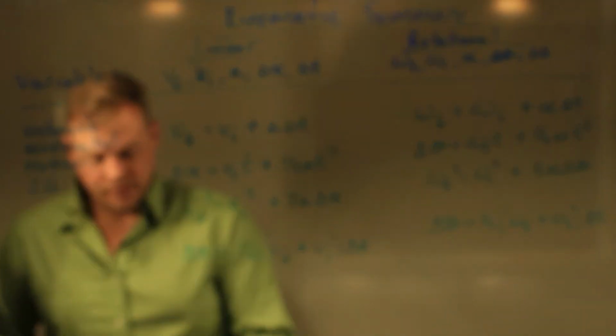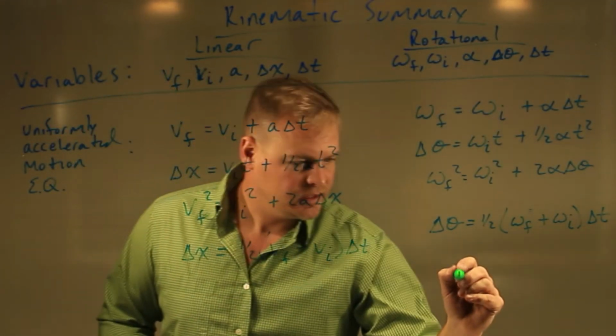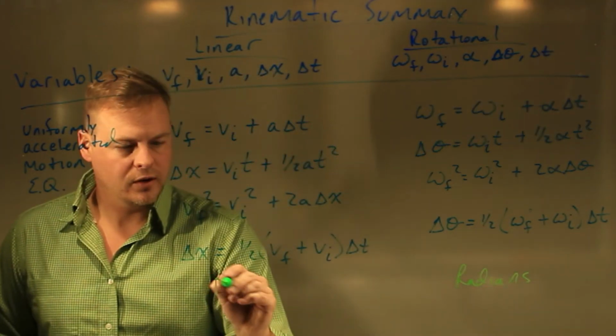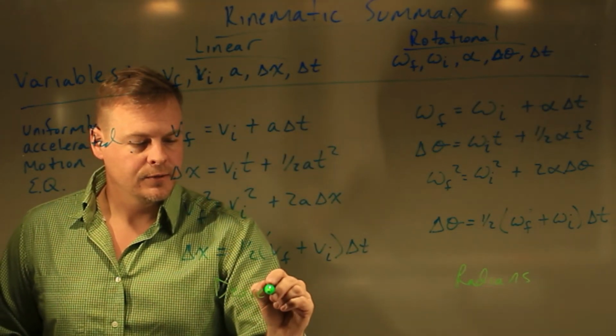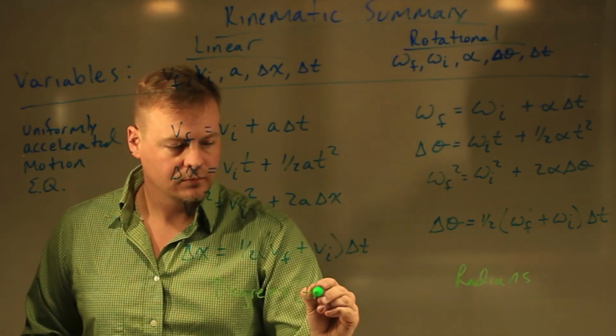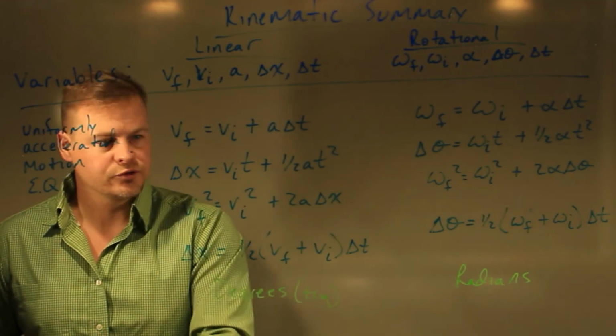Now, one thing that's really important when using these, this needs to be in radians, where you are going to want degrees for any of your trig functions that you're going to use in two-dimensional motion.